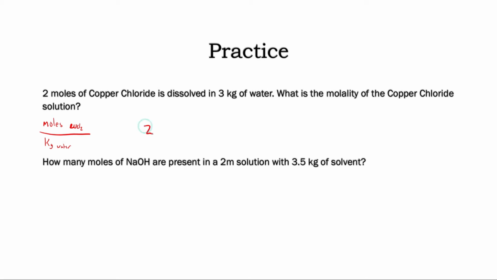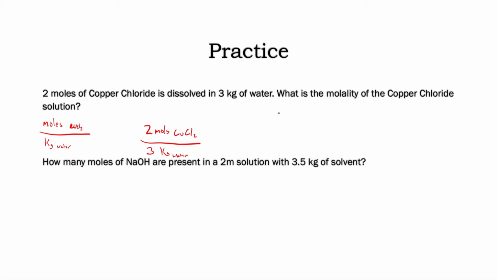We have 2 moles of CuCl2 in 3 kilograms of water. So we could say that our molality is 2/3, sorry, I said molarity. That's why it's important to keep the two separate.